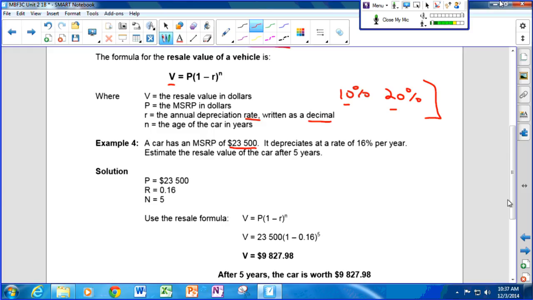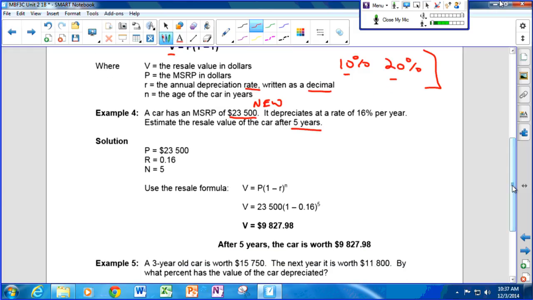That's when it was new, not what it is right now. You're looking at it on the dealer's lot, and it's 5 years later. Or you're looking at a new vehicle and thinking you're going to keep it for 5 years, and you want to see how much you'll be able to get for it after 5 years to buy your next one. So there are a lot of different scenarios when you would use this.